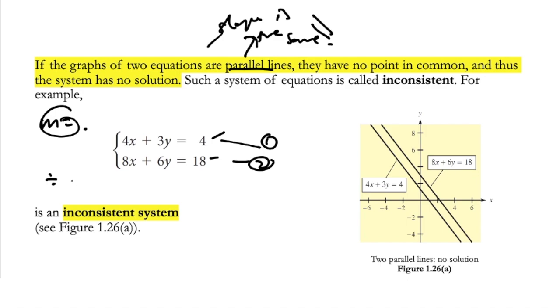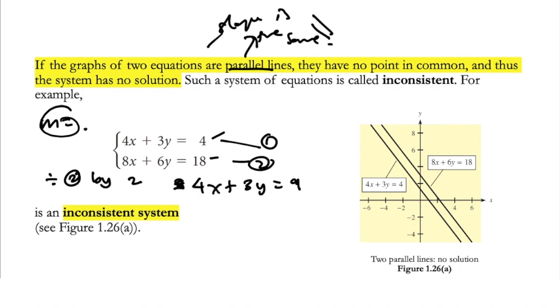If you divide equation 2 by 2, what do you get here? So 8x divided by 2, you're going to get 4x. 6y, you're going to get 3y. 18, you divide by 2, here, you're going to get, let's say, 9.